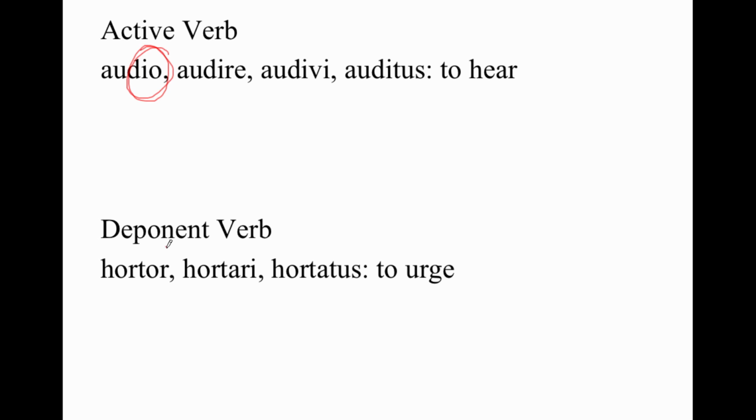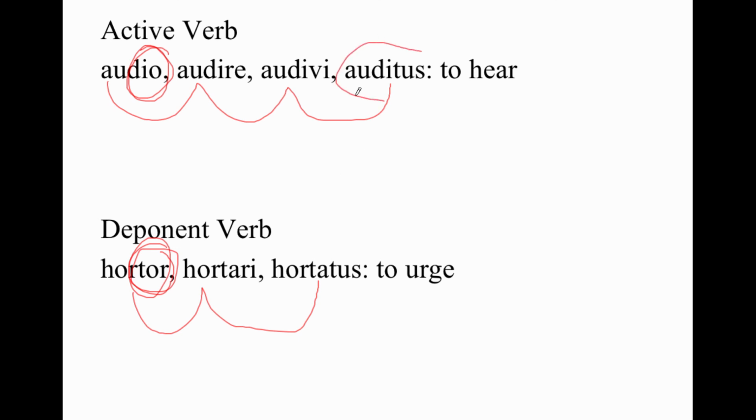If you have an OR, you have a deponent verb. A secondary point to take note of, 4 forms listed in the dictionary for active, 3 forms listed in the dictionary for deponent. The 4th form of active, the 3rd form of deponent, that is to say the last form of each, is the past participle.